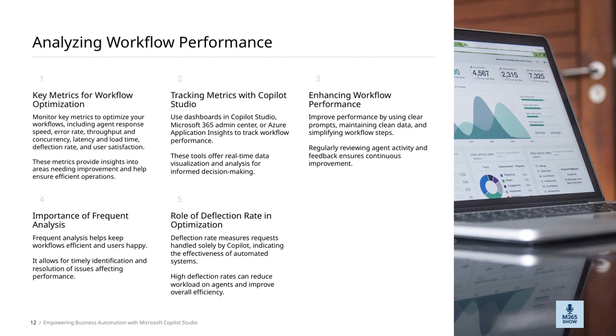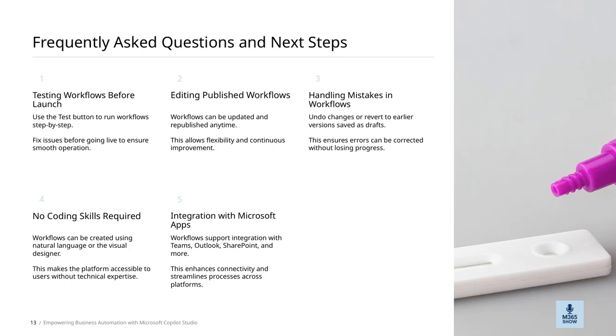Finally, monitoring key metrics like agent response speed, error rates, throughput, concurrency, latency, load time, deflection rate, and user satisfaction helps us pinpoint where improvements are needed. By keeping a close eye on these numbers, we can ensure our workflows remain efficient, effective, and aligned with our overall automation goals.